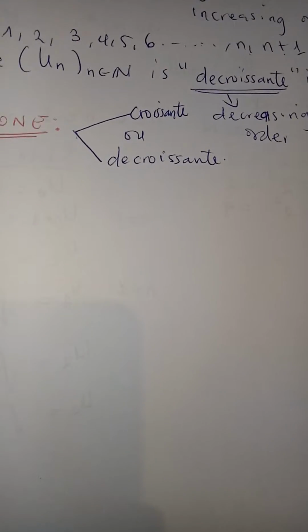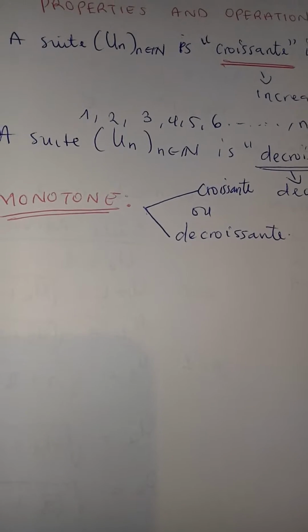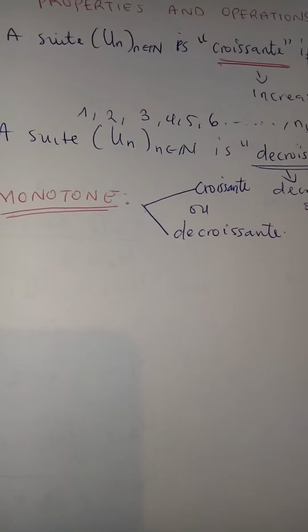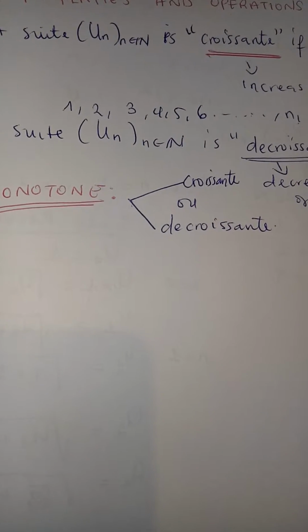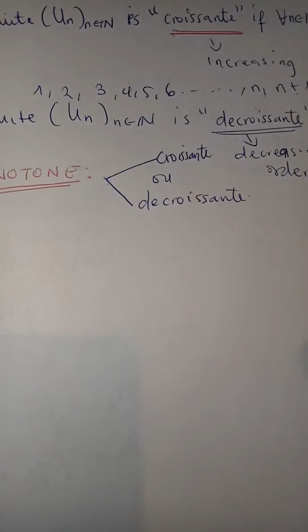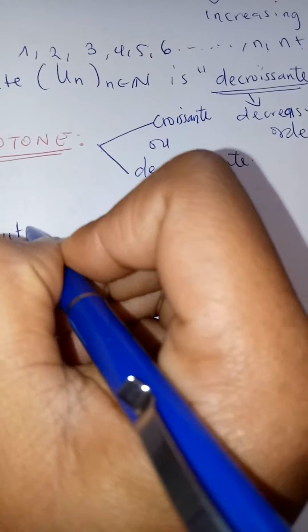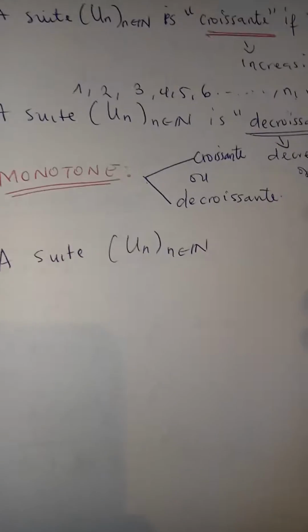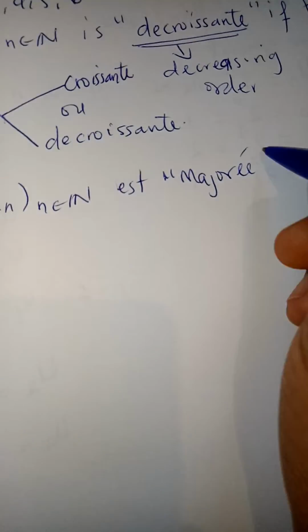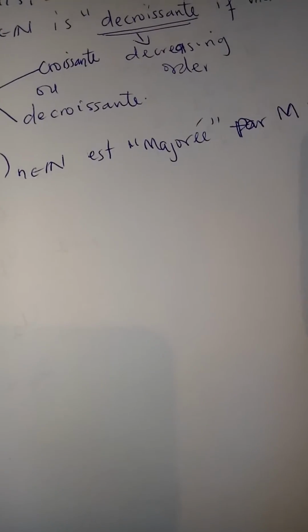In that suite, it's such that there is this M, there is this M that is in the ensemble of real numbers, such that the suite is less than that M. In analysis, we say a suite Un, le n appartient à grand N, appartient à l'ensemble de nombres naturels, est majorée par M if il existe un grand M.